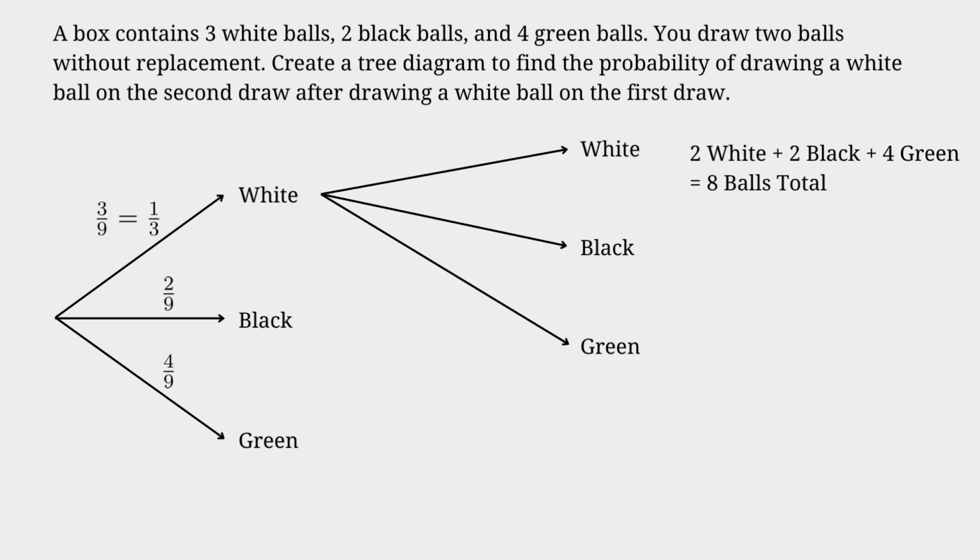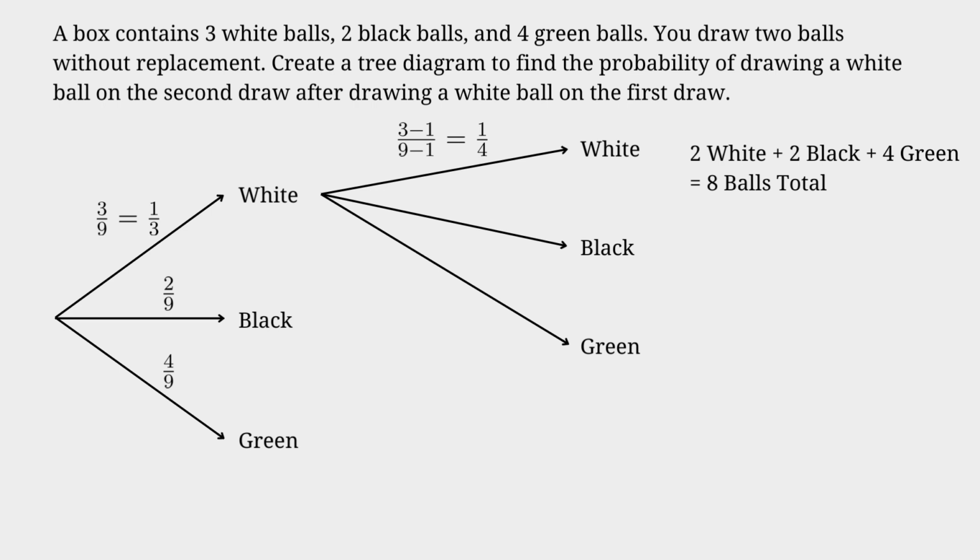And the total white balls after drawing a white ball at first is going to be 2, or you can say 3 minus 1. So the chance of drawing a white ball again is 3 minus 1 over 9 minus 1, which can be simplified to 1 over 4, or a quarter.